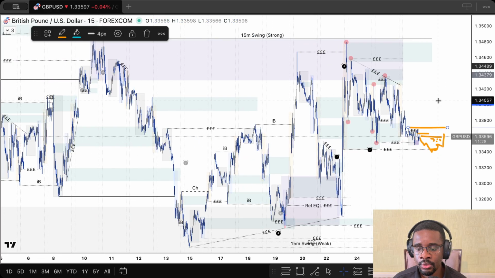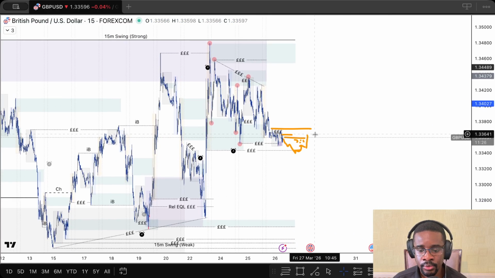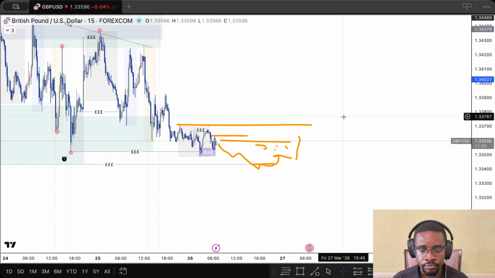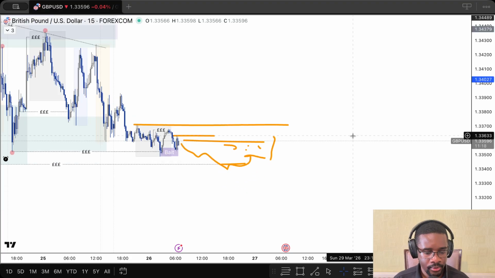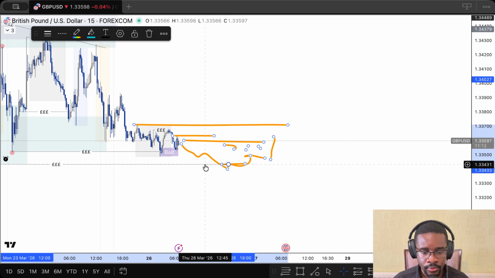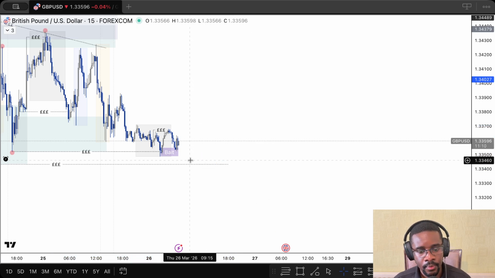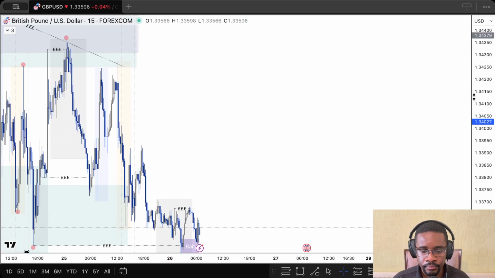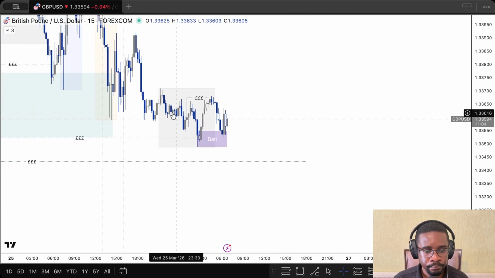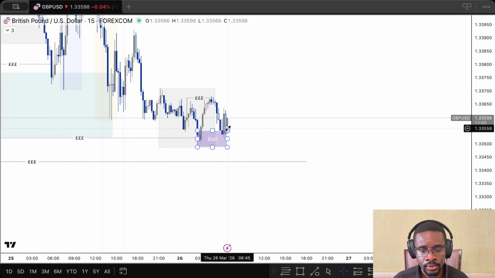If we go long, going long would be a pro internal counter swing. And then if we are looking for sells, where could that be? So we do have this level of imbalance.